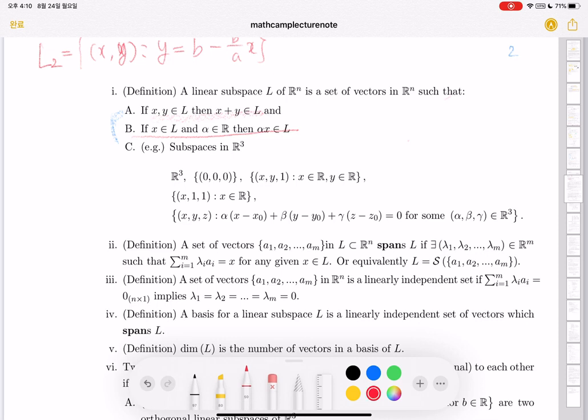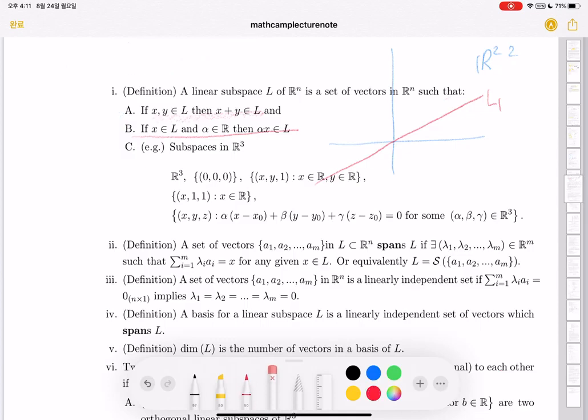Now, let's get back to our linear subspace here. So this is your R2 and this is your linear subspace. Here L1, what is L1? L1 can be written in various ways, but consider one vector here. This is your vector x.